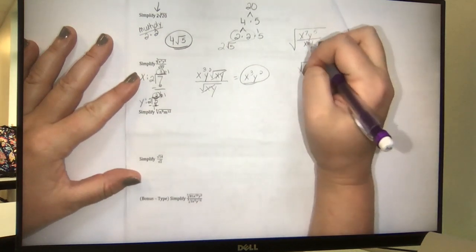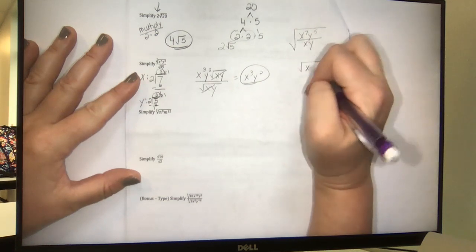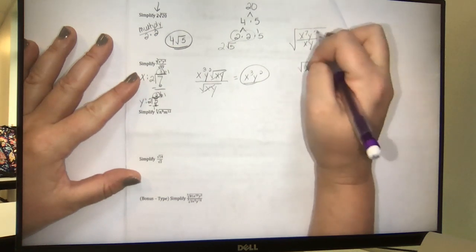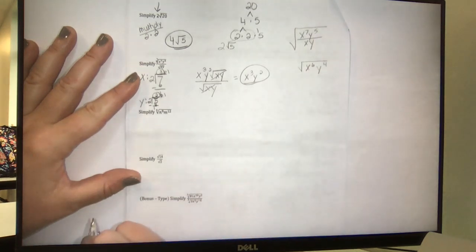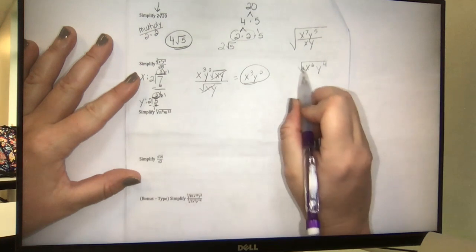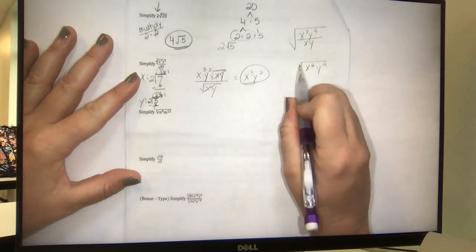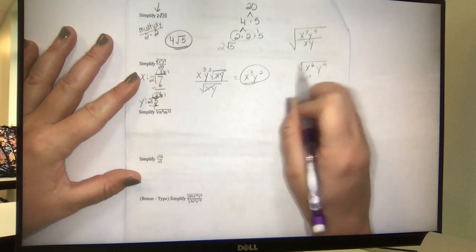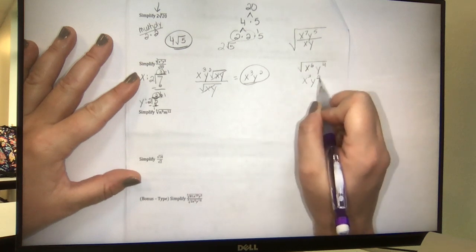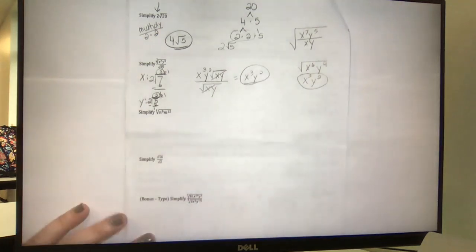So 7 minus 1 is x to the 6. 5 minus 1 is y to the 4th. Then if I take the square root, 6 divided by 2 is x cubed. 4 divided by 2 is y squared. I get the same thing.